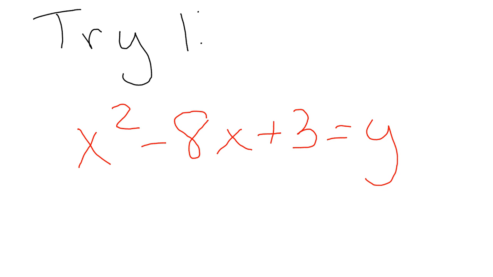X squared minus 8x plus 3 equals y. Please find the vertex, graph it using a table, and label the vertex, the line of symmetry, the y-intercept, the x-intercept, and the minimum or maximum value.